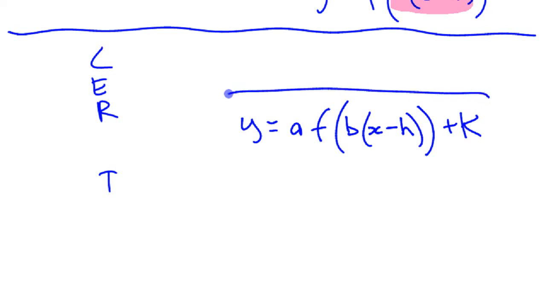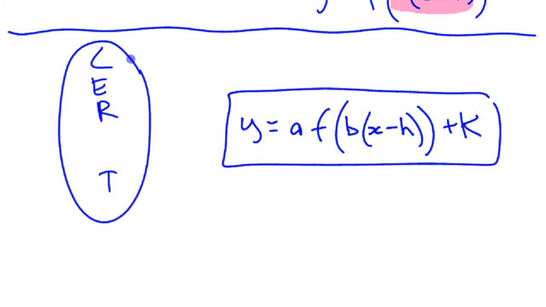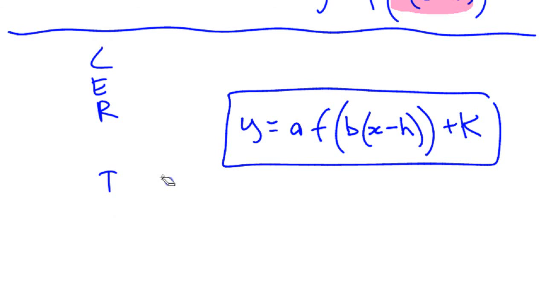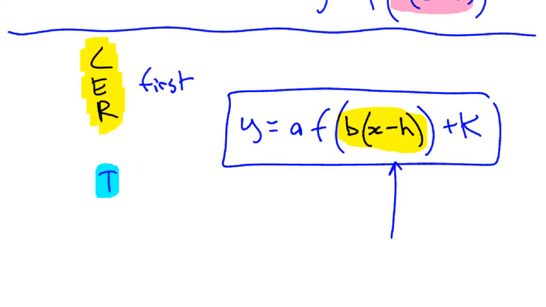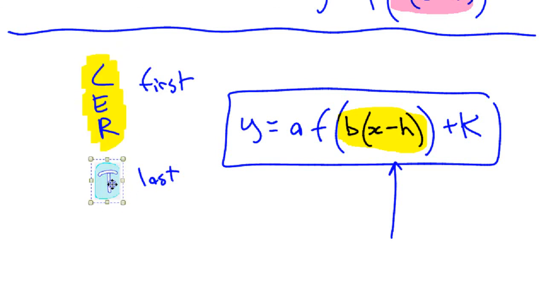If it's written in that form with two sets of brackets, where the inside expression is factored, all of these happen first, and then the translations happen last. Okay? Some people like acronyms, and they remember this CERT. If you were that type of person, you're welcome to do that, as long as you realize that the first three doesn't matter, right?